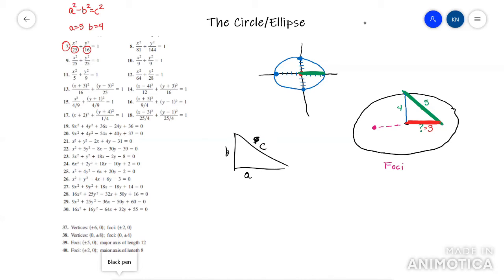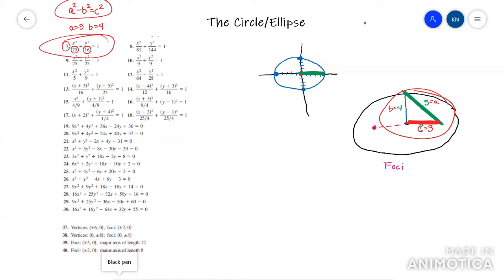The reason it looks weird is because you're calling this A and this C in these scenarios. Look back at this, that was my A, this was my B, and we were solving for C here. So you can use A squared minus B squared equals C squared right from the start to find that distance to foci, is what I'm trying to get at.